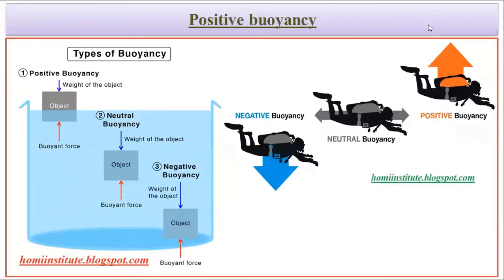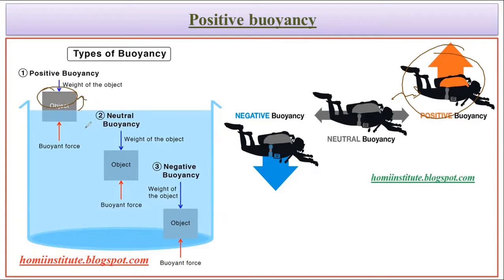Students, remember this: we always want to obtain positive buoyancy, because then we can stay on the surface of the water. When we make any kind of vessel float on the surface of water or any liquid, we want a major portion of that object to remain outside of the water.